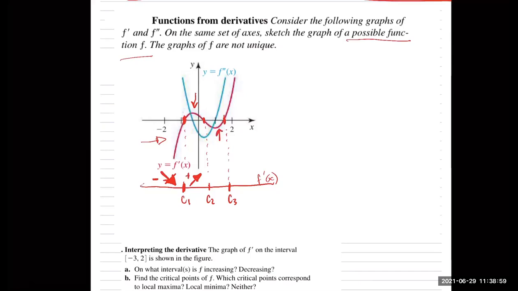Here, notice the first derivative is below the x-axis. That means the first derivative is negative, which means the original function is decreasing. Here, the derivative is positive, so the original function is increasing. I need you to let me know if you are not sure what we're saying there. Is that okay, or do you have a question about that? Either way, let me know.